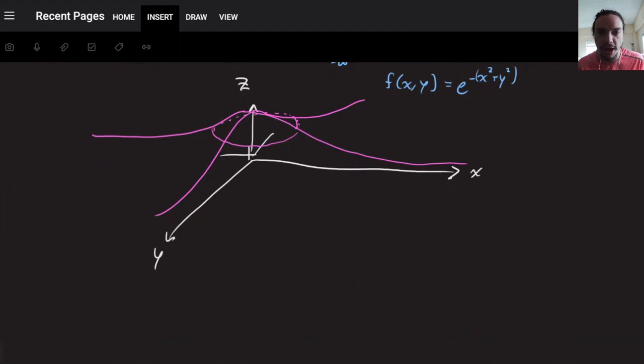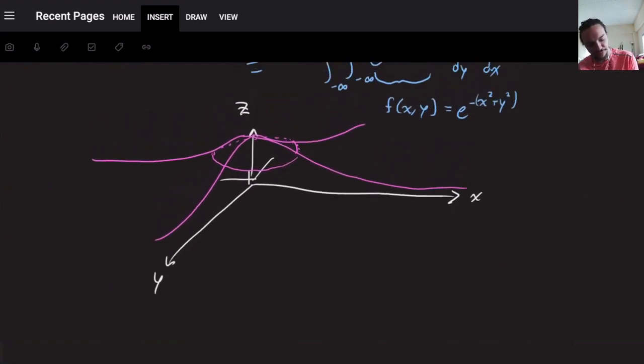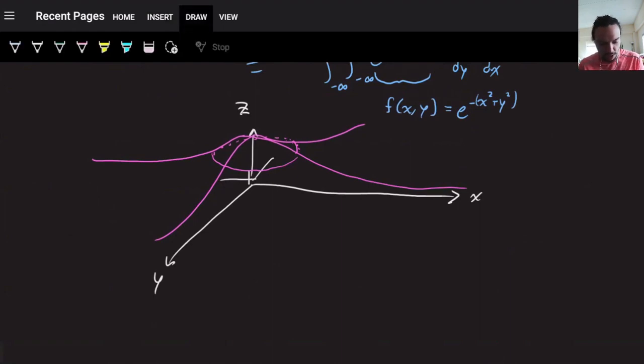All right. And it looks kind of like what the Gaussian function e to the minus x squared does in 1D. Okay, so this is like the 2D version of that function. And how would we compute the volume underneath this function, between this function and the x, y plane? Well, we could do it in a couple ways.